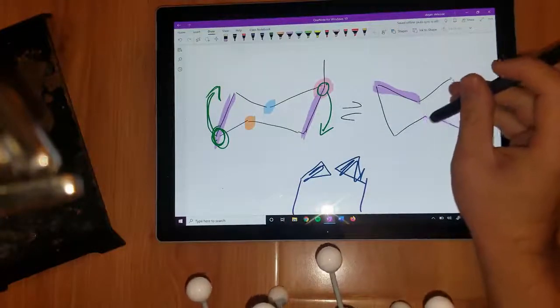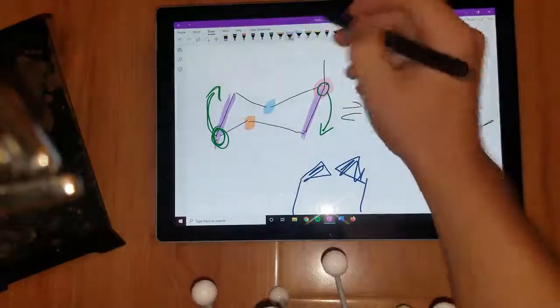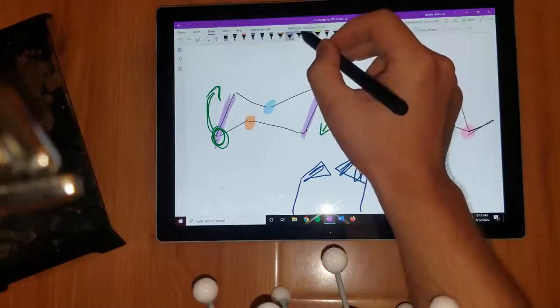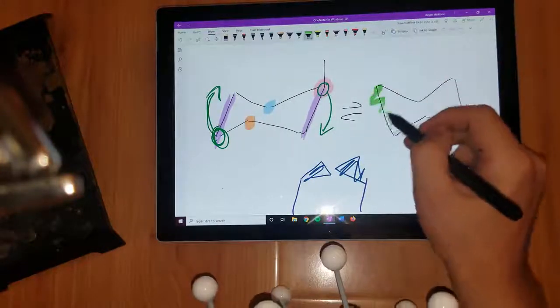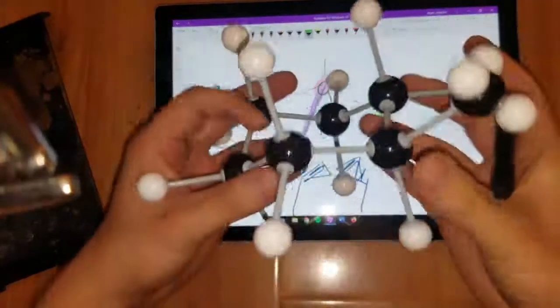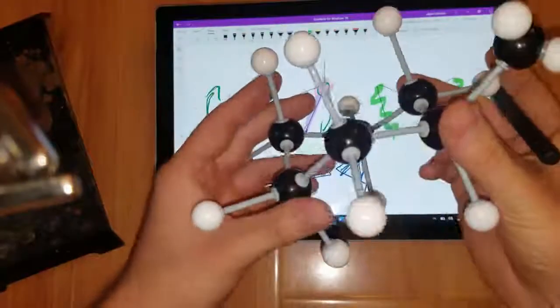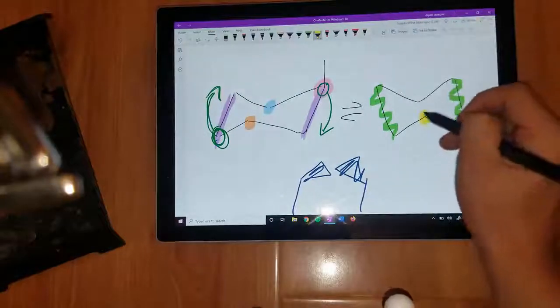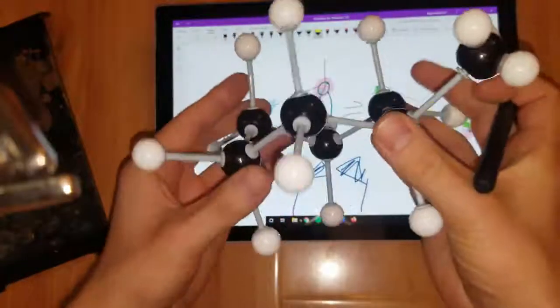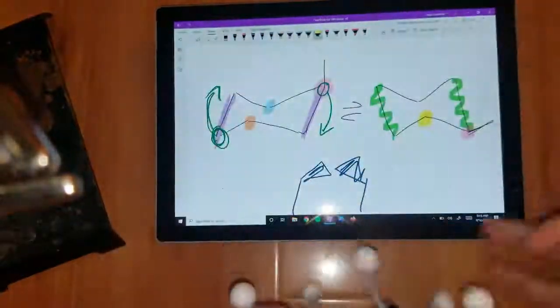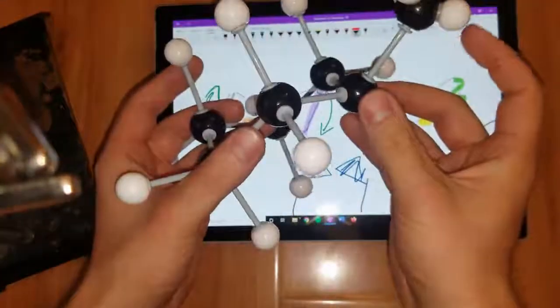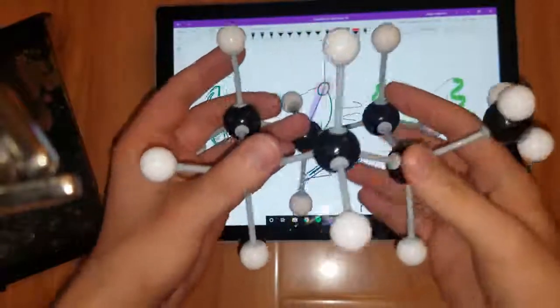No, not quite. Yeah, color coding is not really going to work. Use different colors. Right, so those are those two bonds, and then you can see this carbon in front is sticking up, just like this carbon in front is sticking up. And then the carbon in the back is sticking down, just like this carbon in the back is sticking down, and now our methyl group is equatorial.